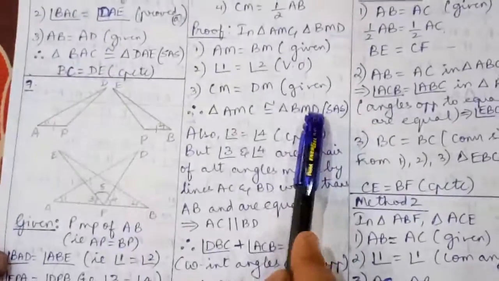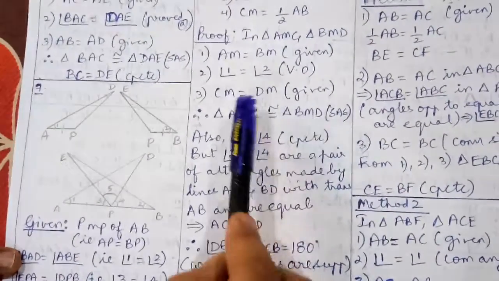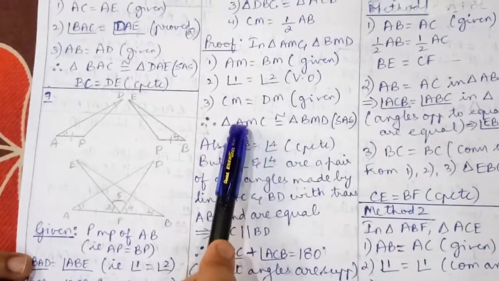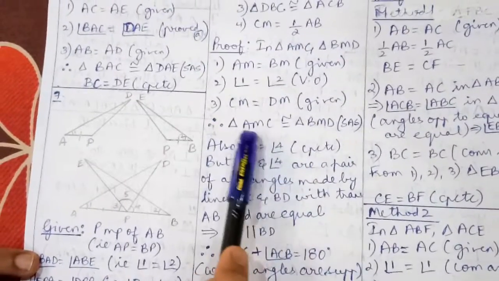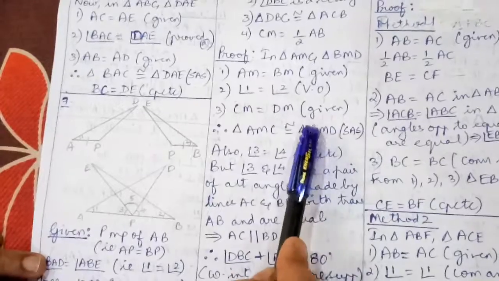So come back to this one. We have proved that triangle AMC is congruent to triangle BMD, right? So now see here, AC and BD. AC equals BD. Side AC is equal to the side BD.